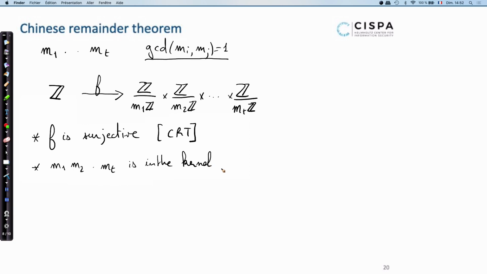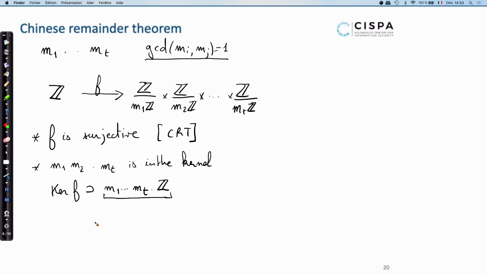Okay, so it means that the kernel contains m1...mt times Z. Because the kernel contains m1...mt times Z, if we have a number given modulo m1...mt, the way it's going to be mapped is independent of the exact number, and only depends on the class modulo m1...mt times Z. And now, just by a counting argument, you know the cardinality of the image, which is m1 times m2 times ... times mt. The kernel cannot be bigger than this, otherwise there wouldn't be enough image to be surjective.